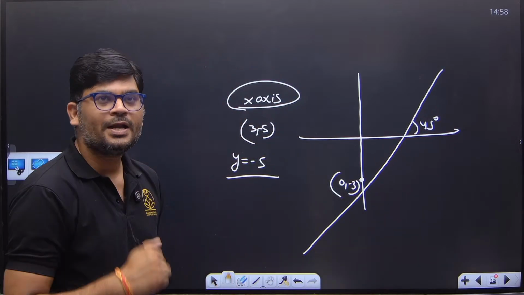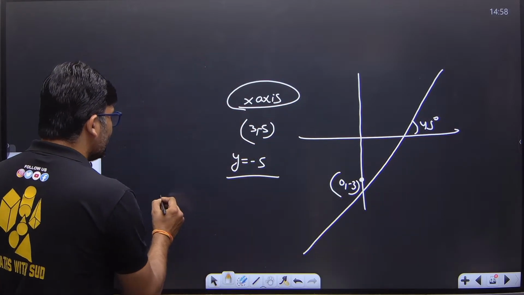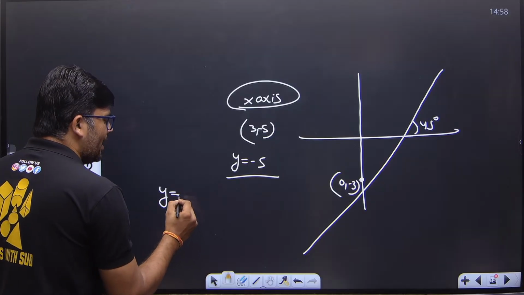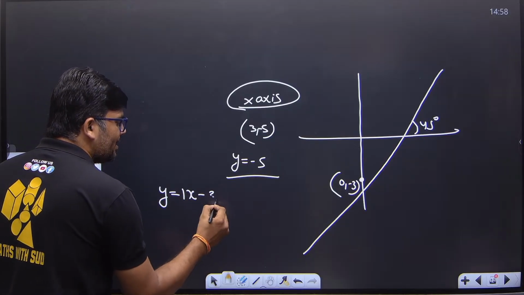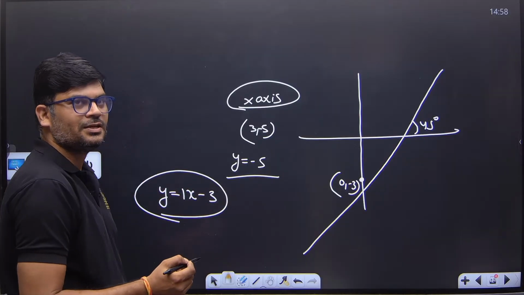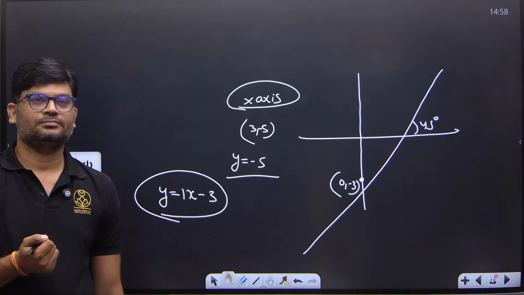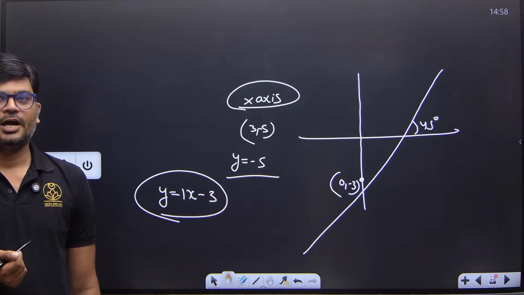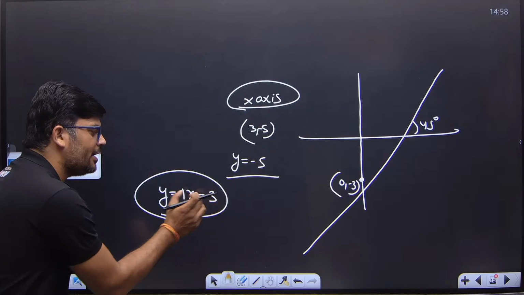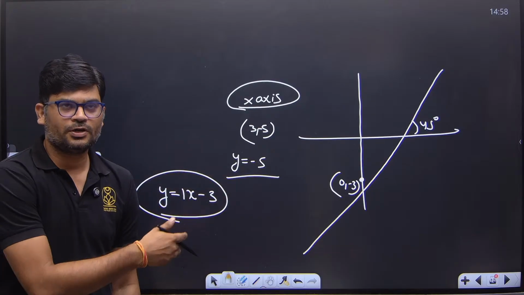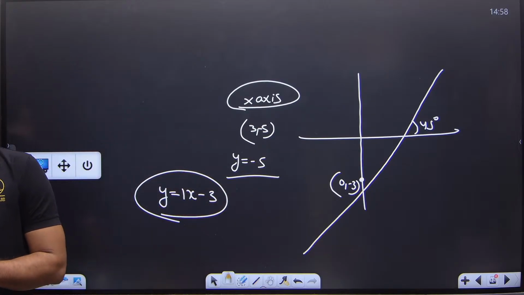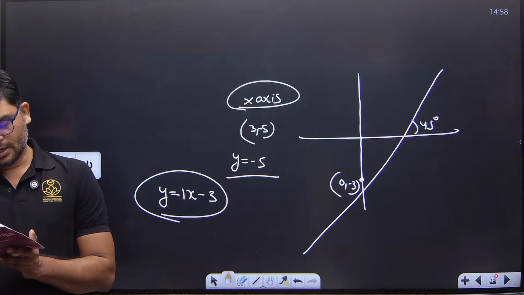So the slope is 1. Slope intercept form: y is equal to 1x minus 3, so y is equal to x minus 3. Very easy. Are you getting it? You just need a slope and an intercept to write the equation of a line. So you can see that question as well, example number 3.